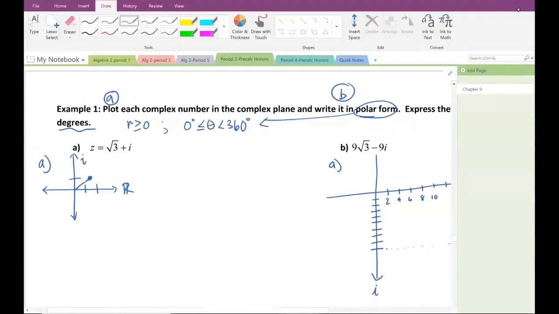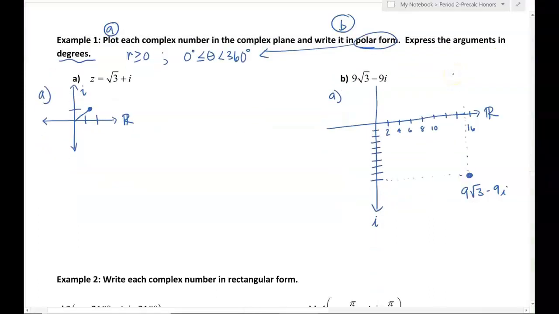How about if I use a different color for part B? Cool, okay. So part B, we would have the polar form, z equals radius cosine of your angle plus i sine of your angle. Radius has got to be positive, so let's find the radius.